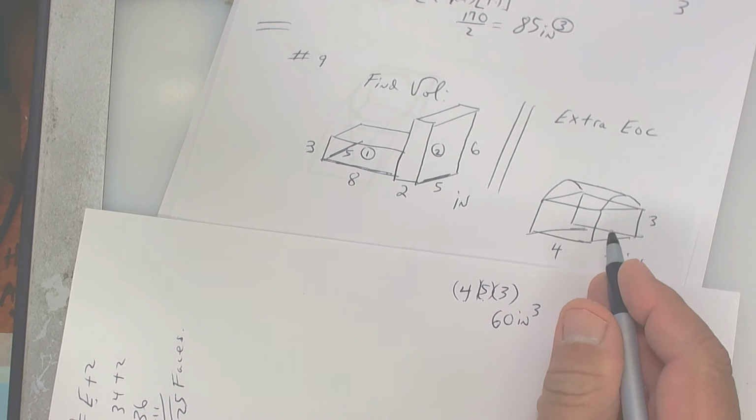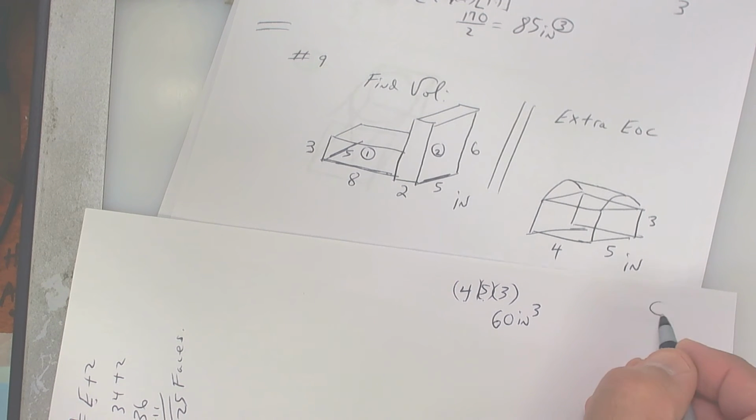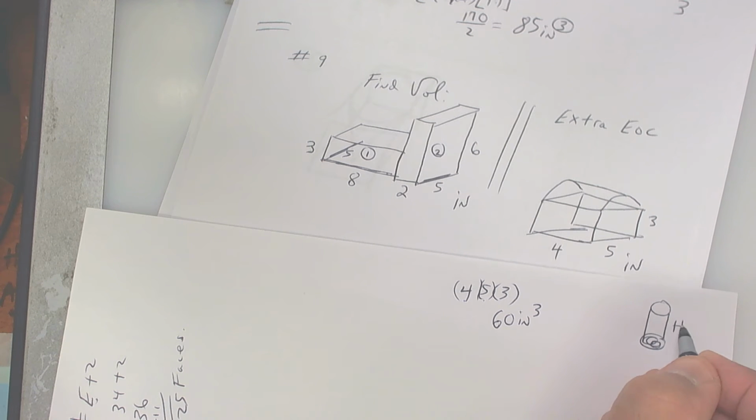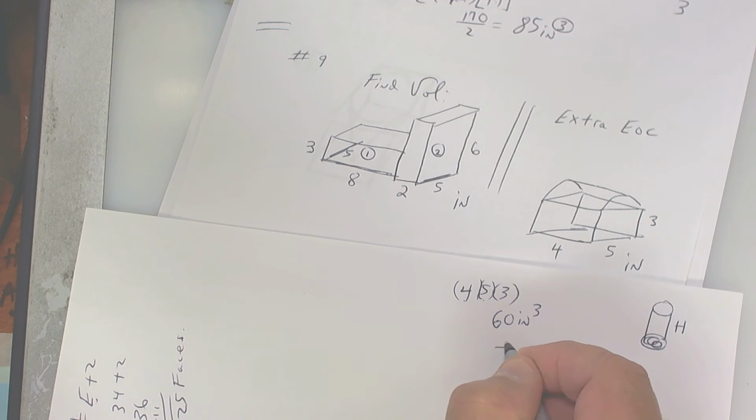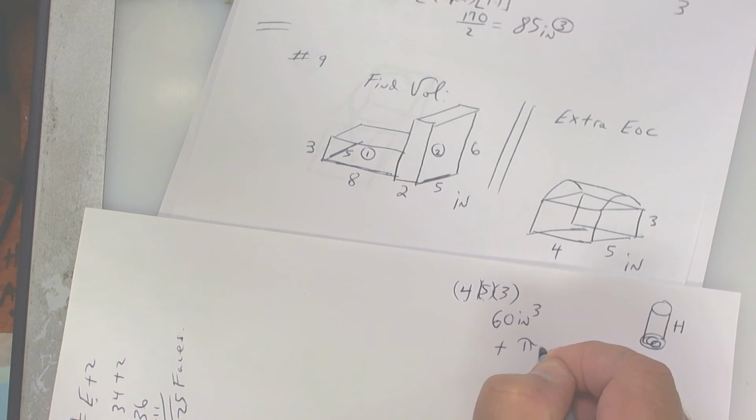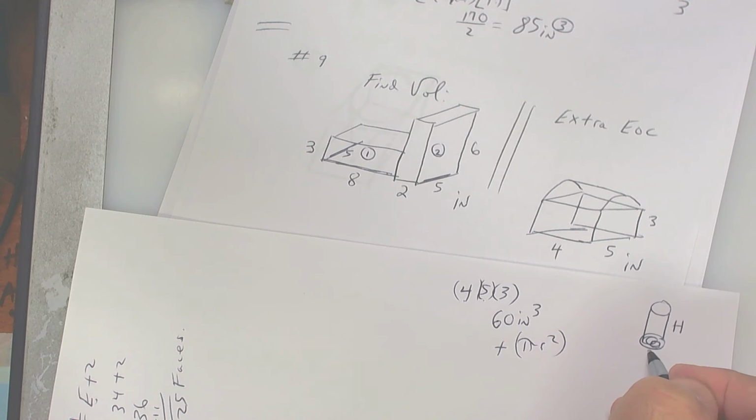Now to get half of the cylinder is going to be a circle, which is the bottom, times the height. So it's going to be plus pi radius squared, which is the circle, times the height. Okay? We'll have to figure out the height in a second.